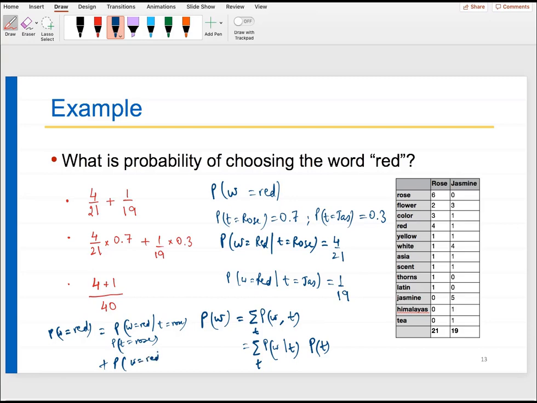W is fixed, but T is varying over all the possible values, which is Rose and Jasmine in this case. Is this clear? So what is the right answer then? Okay, this is the right answer. So the point is that do not lose focus of the theory.